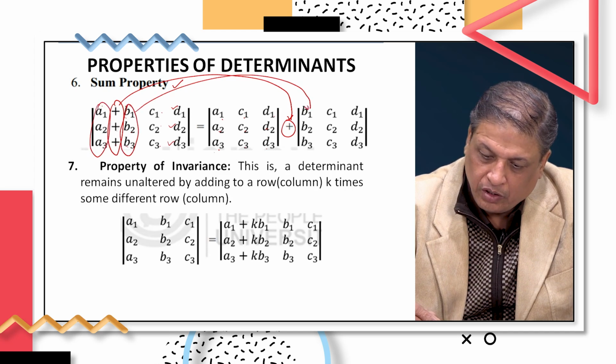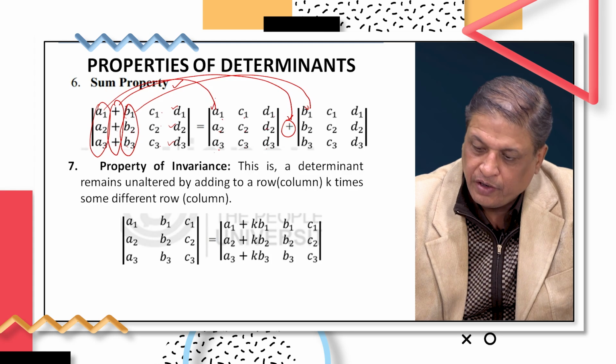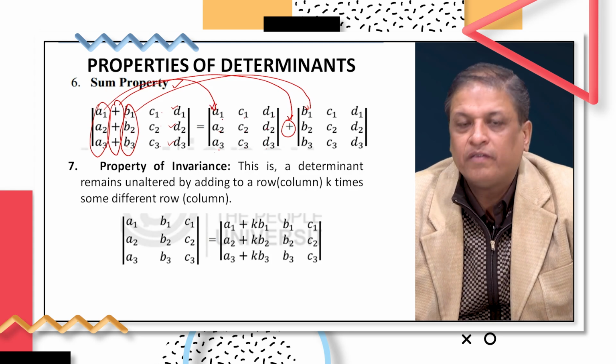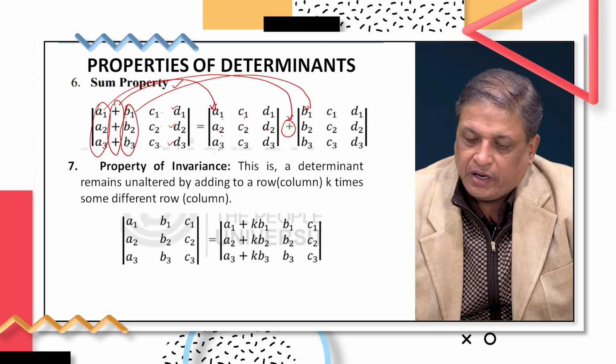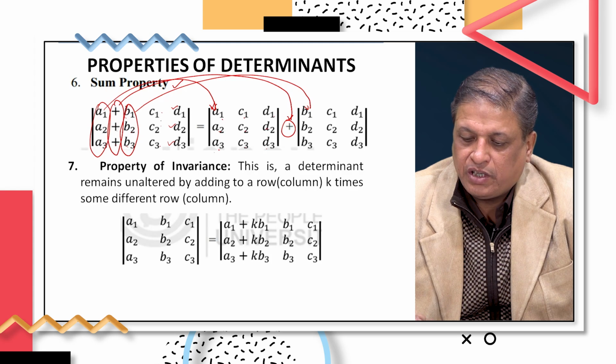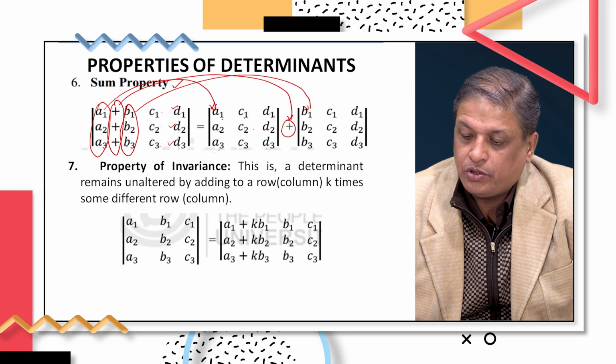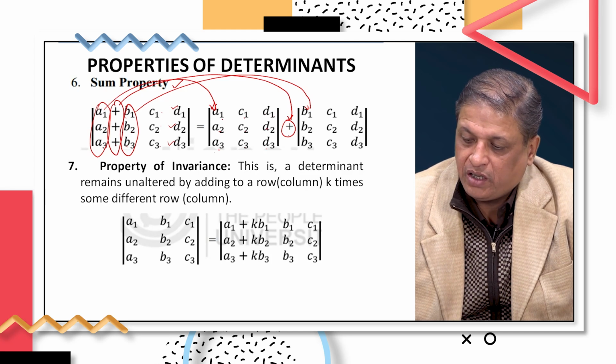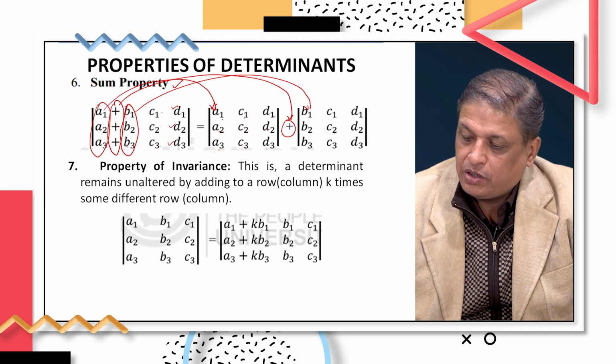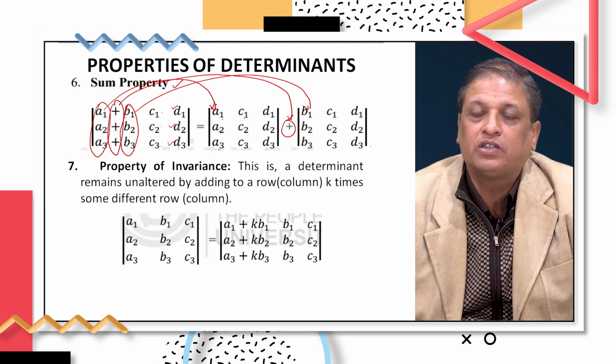The remaining things remain the same. So we can rewrite it as A1 C1 D1, A2 C2 D2, A3 C3 D3 plus B1 C1 D1, B2 C2 D2, B3 C3 D3. I hope this is clear to you.